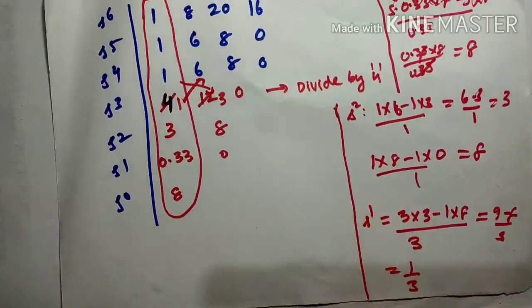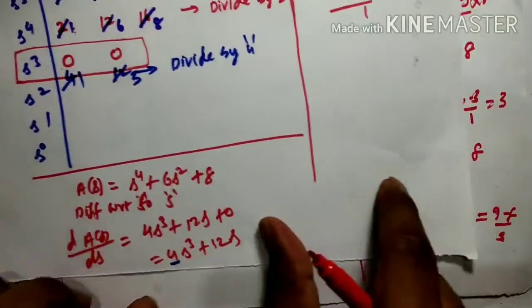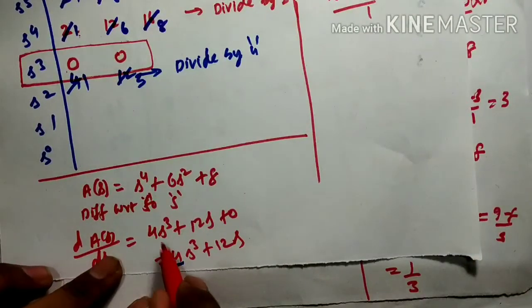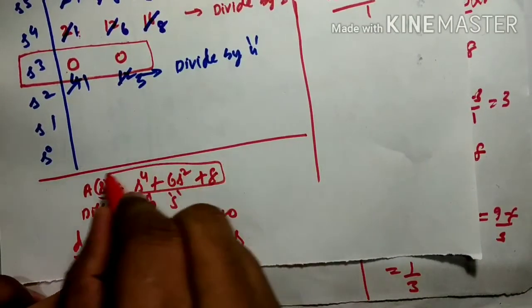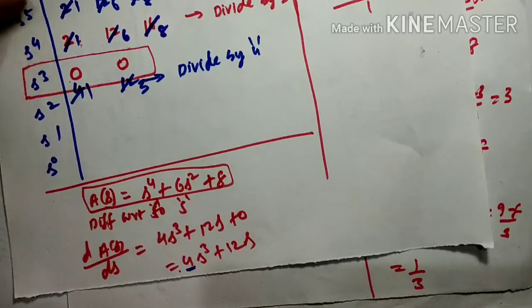So to find that, you take the auxiliary equation. This one is your auxiliary equation.